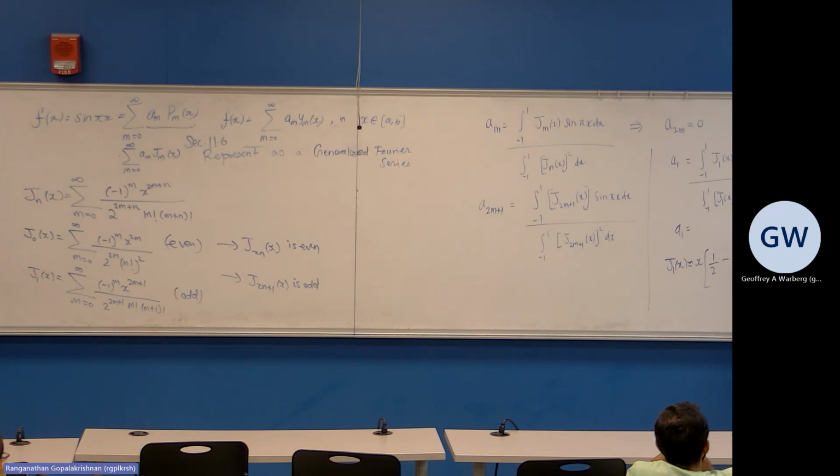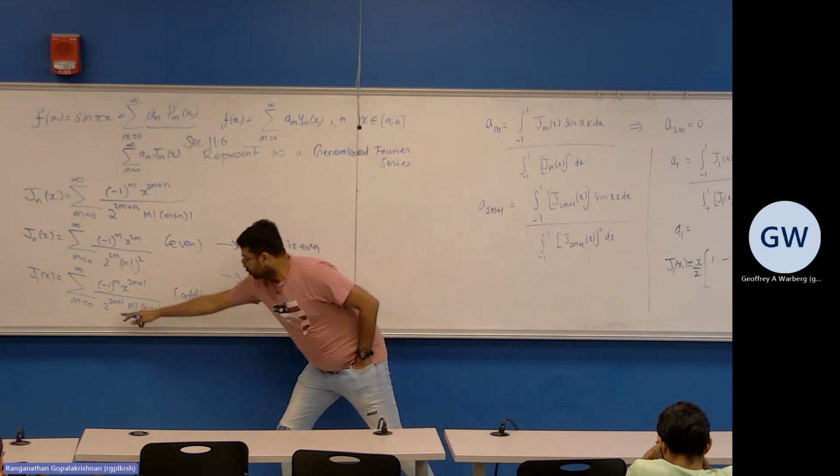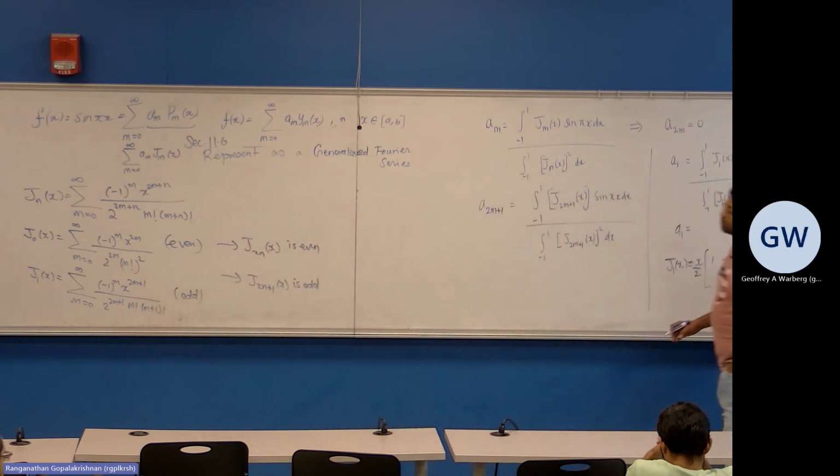Minus x squared divided by 2 power 2m, which is actually I can write this half outside. 2 squared is 4. 4 times 2 factorial is 4 times 2 is 8. So x squared over 8.